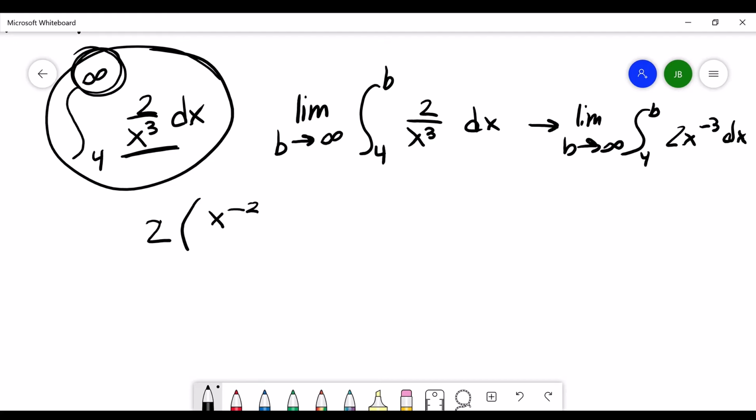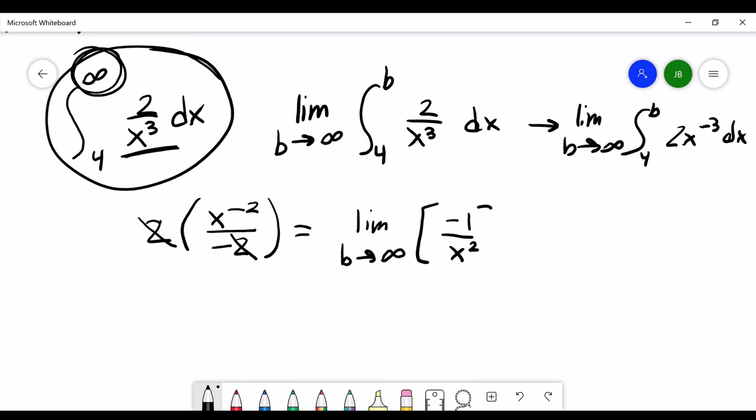Sounds kind of counterintuitive, but that's what it is. And we divide by that new exponent. Cross cancel the 2's, and we end up with the limit as b approaches infinity of negative 1 over x squared, and we evaluate that from 4 to b still.